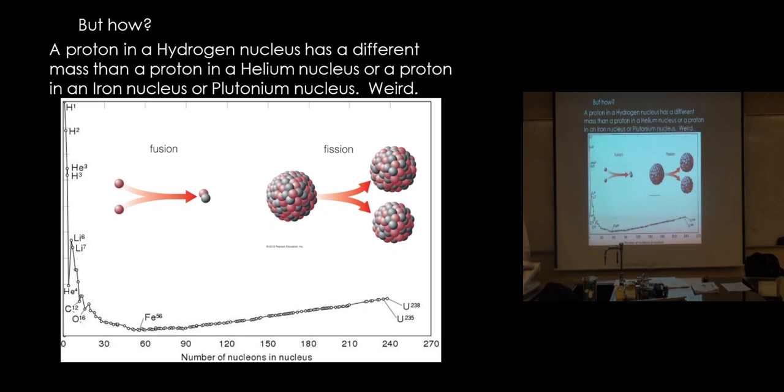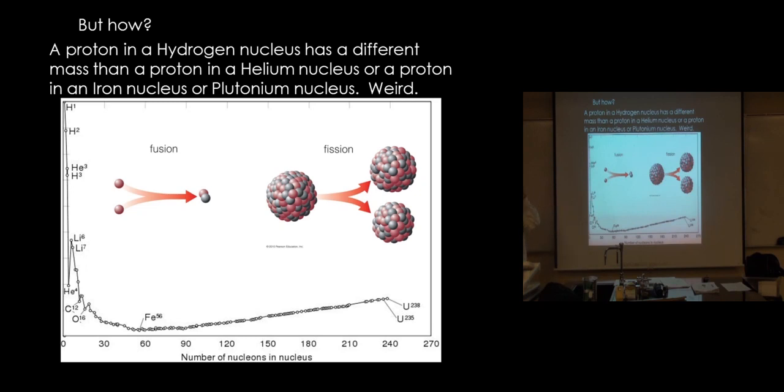Why exactly a proton would care who it's hanging out with to have a different mass is actually pretty far out physics to do with many body effects and renormalization of things. But this is it. Okay, so if you're a small nucleus and you smush things together, you can release energy by going towards iron.